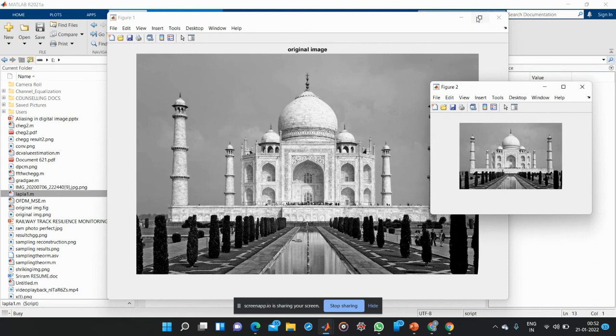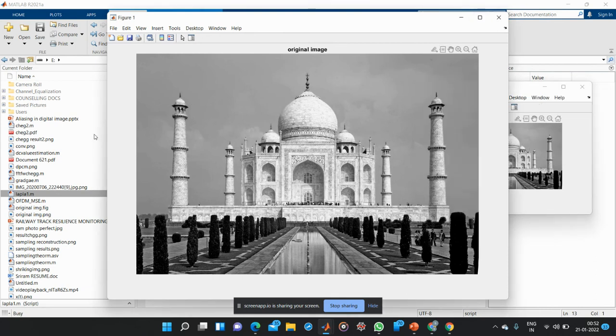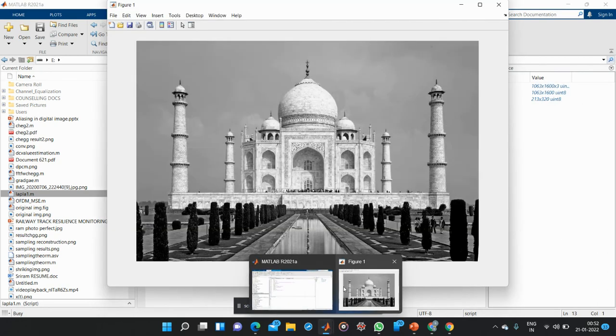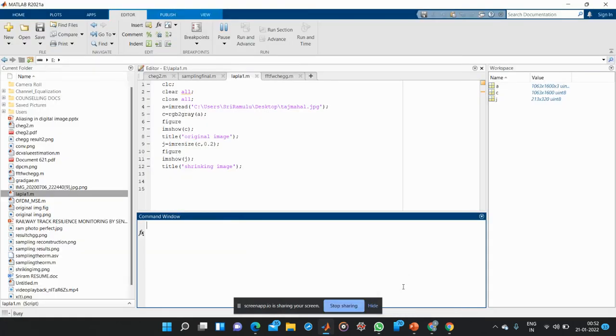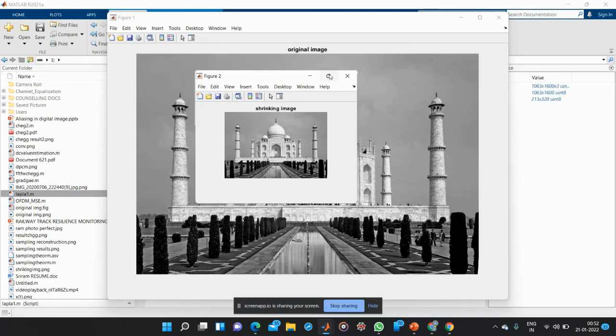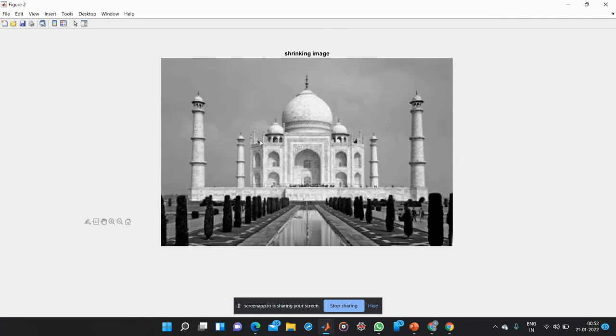We see the difference between the original image and the shrinking image. This is the original image, how it looks, and this is the shrinking image. It does not have that much clarity.